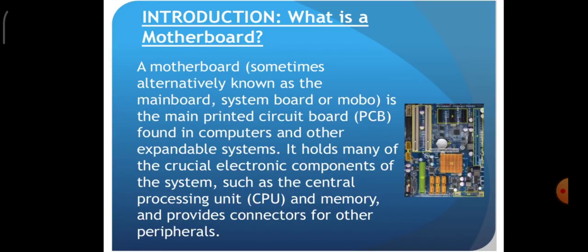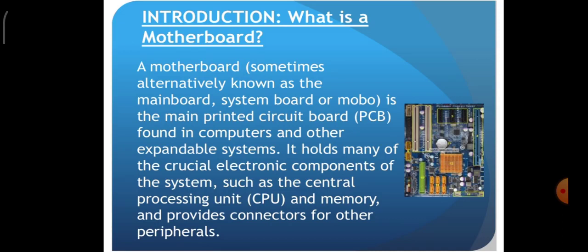Okay, what is a motherboard? As you can see, the motherboard picture is clearly given to you. All the components are connected to the motherboard. A motherboard, sometimes alternatively known as the main board, system board, or MOBO, is the main printed circuit board.